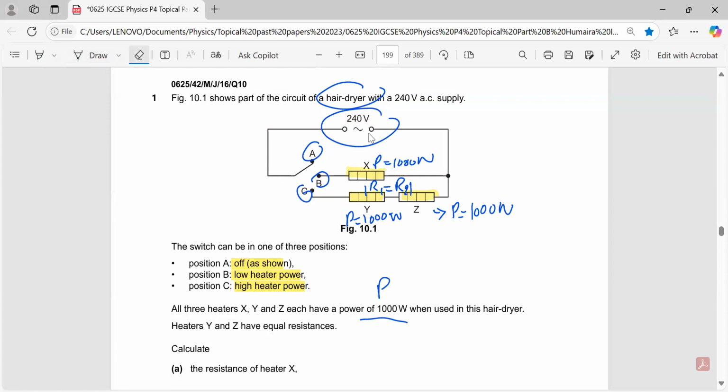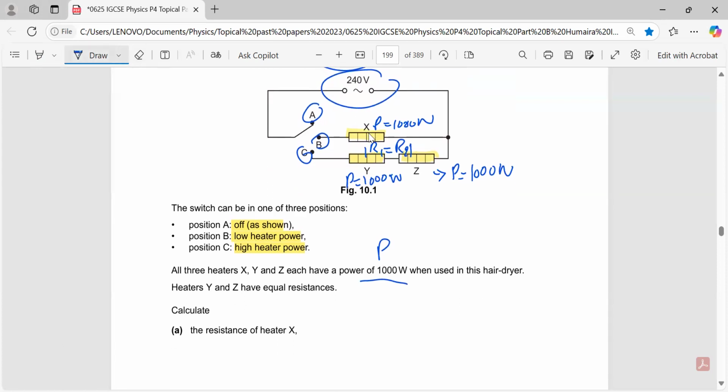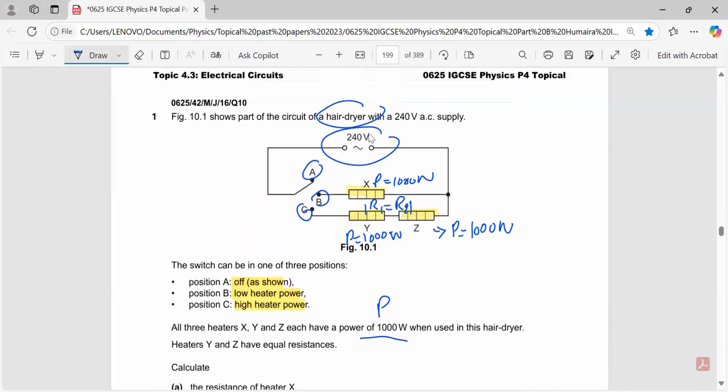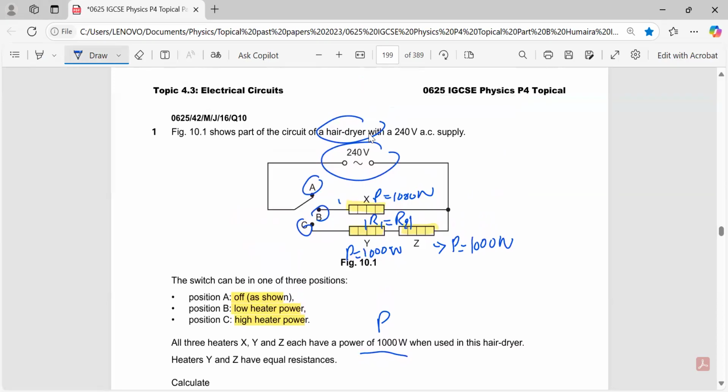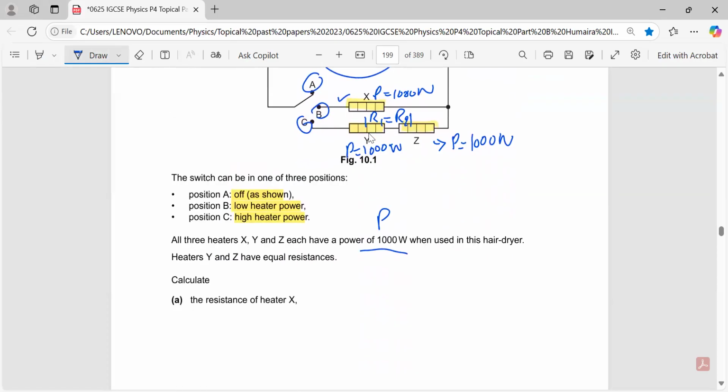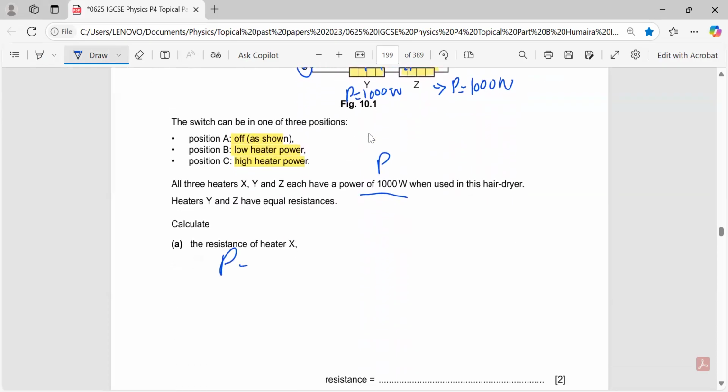The next part is that we have to calculate the resistance of heater X. To calculate the resistance, as you know, we have the power of X, which is equal to 1000 watts, and the voltage applied across X, which is 240 volts.